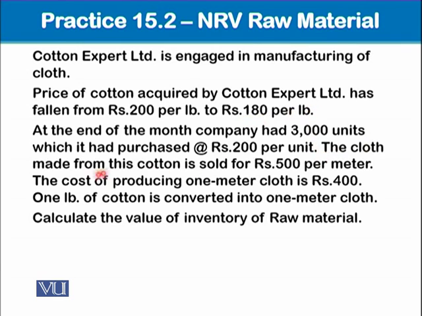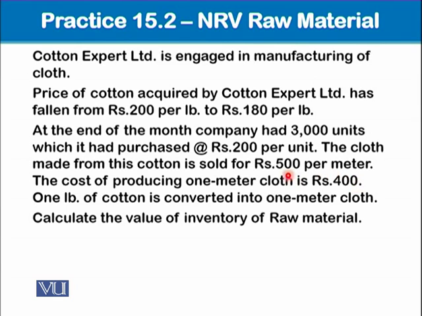The cloth made from this cotton is sold for 500 per meter, whereas the cost of producing 1 meter of cloth is 400. What does it show? Although the price of the raw material has fallen, the finished product that we produce with the help of this raw material, cotton, is still sold at a price which is greater than its cost.